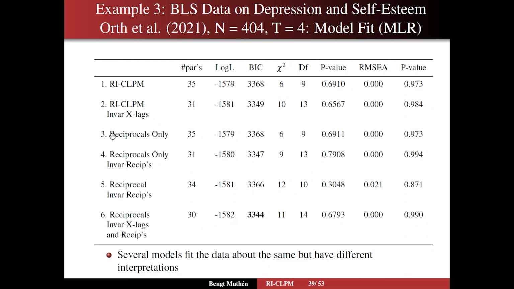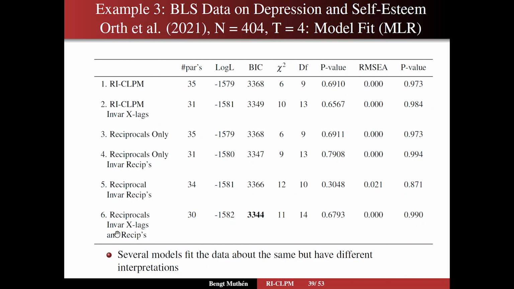The reciprocals only model is equivalent to the first one here, and reciprocals only with the invariant reciprocals has 31 parameters like model 2, but they're not the same, and actually in this case invariance of reciprocals fits better. And then we go to the reciprocal model, which has the cross-lags in it, and we have the invariance of the reciprocals and the invariance of the cross-lags as well as the reciprocals down here.